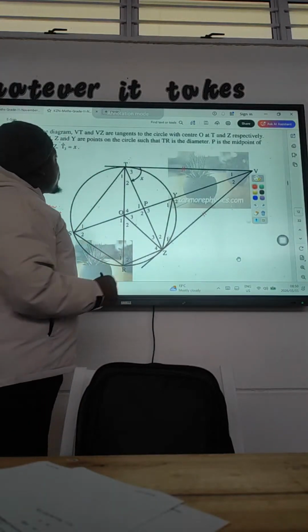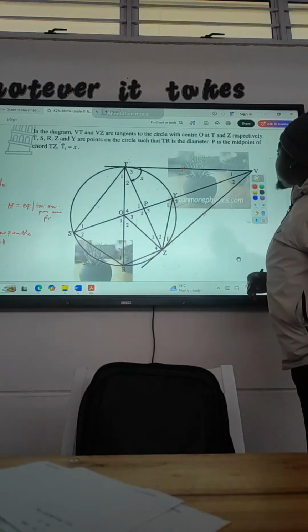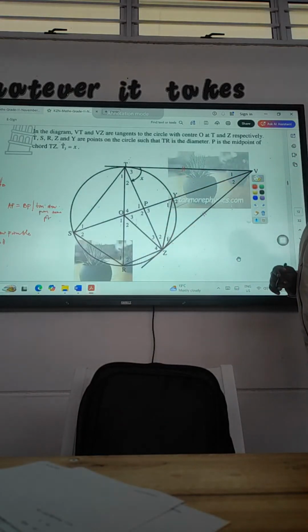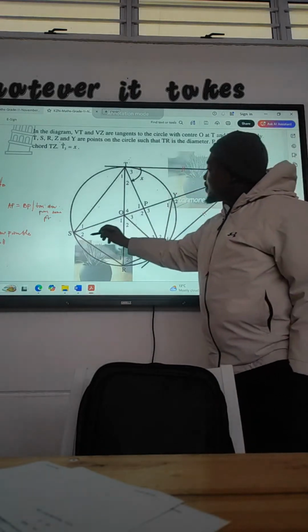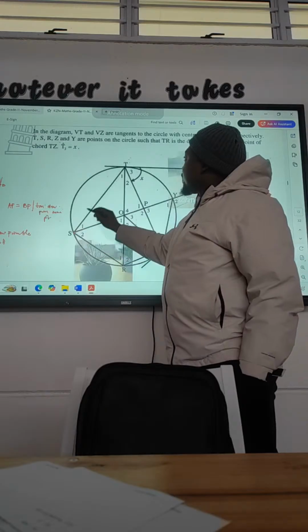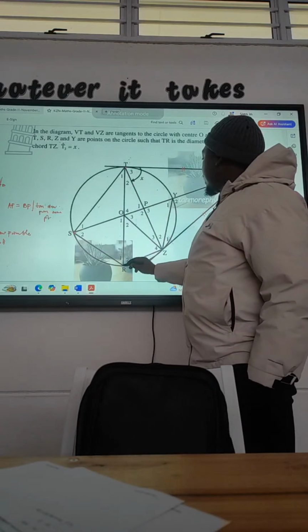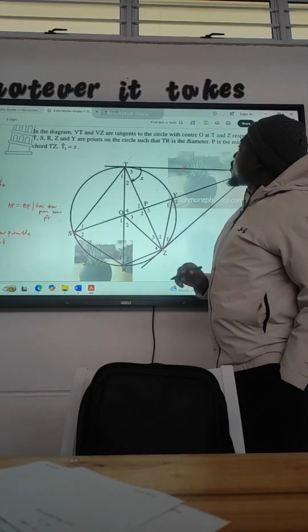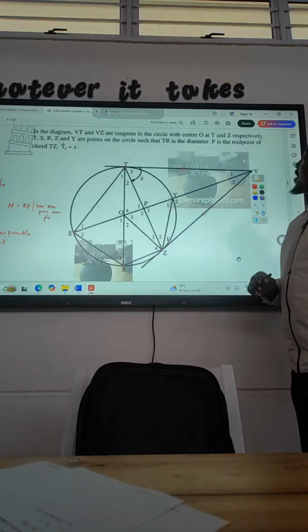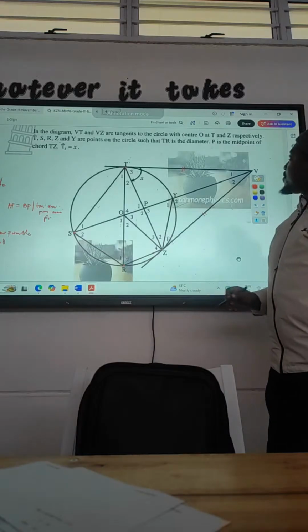And then we have R and Z, points on the circle such that TR is the diameter. So we have the diameter this side, which is good.